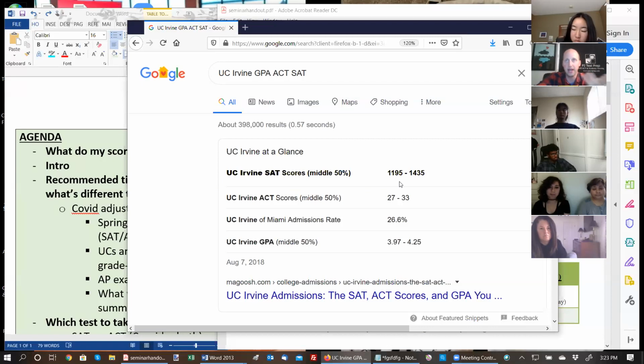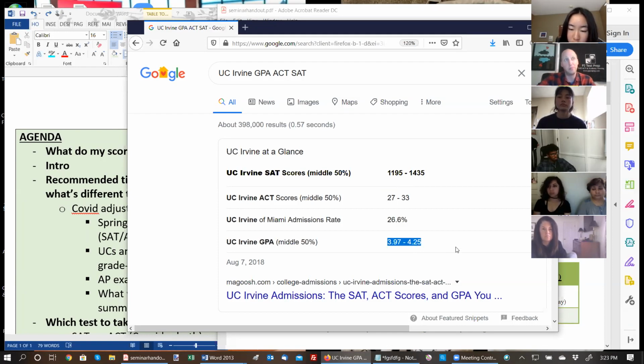It tells you that, hey, if you want to go to UC Irvine and you've got a 4.3, well, you're already above average in that. So probably you would get into UC Irvine with a 4.3 without ever having to take the SAT or the ACT. Now, if you have a 3.8, oh, okay.